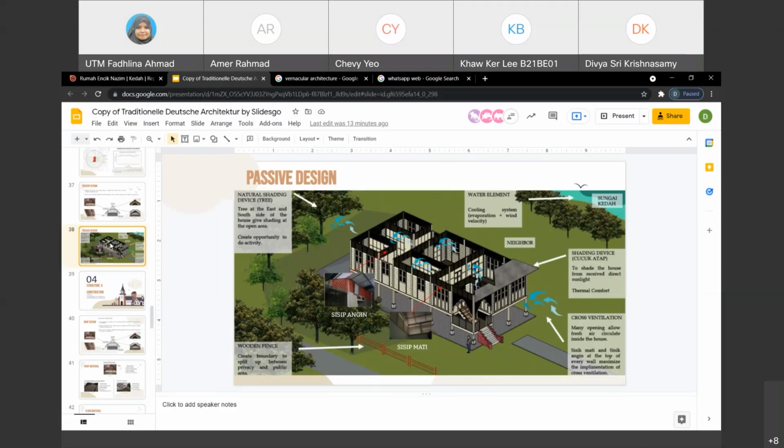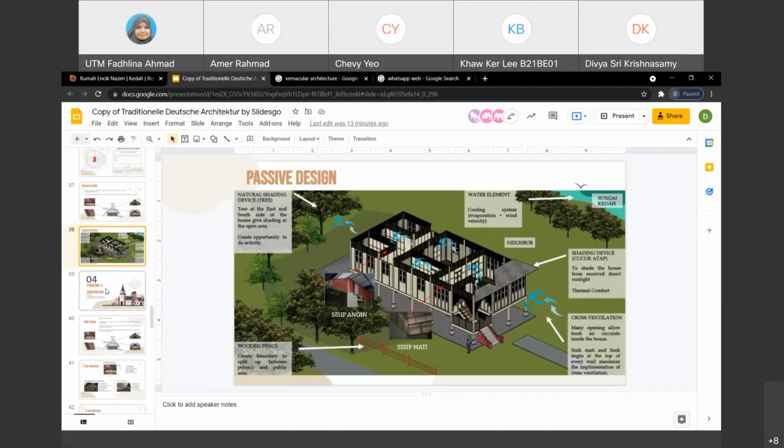The water element and shading device, the cucuk atap, shade the house from direct sunlight and also achieve the required thermal comfort and cross ventilation, because many openings allow fresh air to circulate inside the house. Sisip mati here and sisip angin at the top of every wall maximize the implementation of cross ventilation.